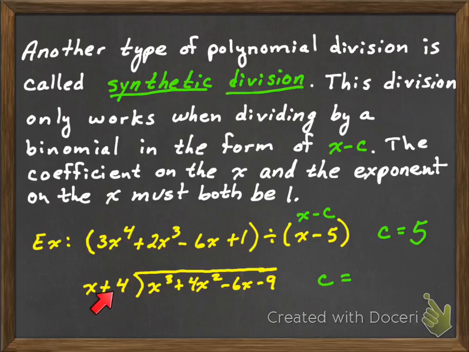So if we are dividing by an x plus 4, and it has to fit this format of x minus c, the c value is going to be a negative 4. Because if c is negative 4, that would give you x minus a negative 4, which changes to your plus 4. So your c value is a negative 4 in this situation, positive 5 in this situation.